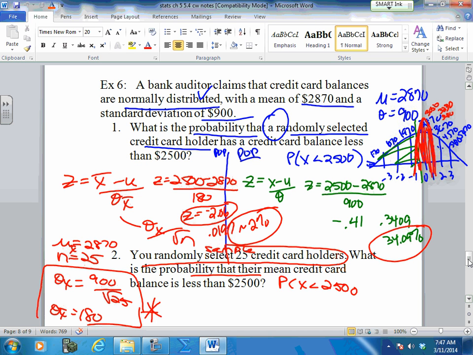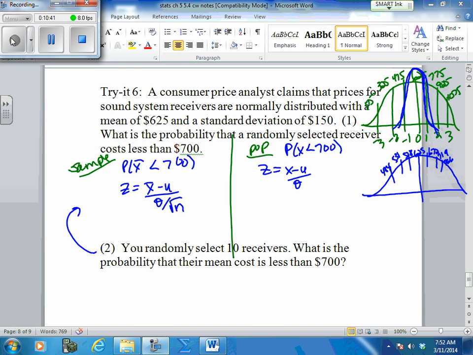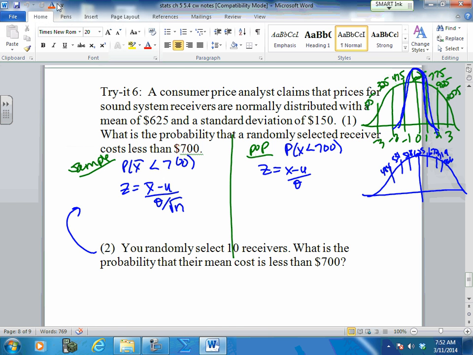So now I want you guys to go to the, so if we take a look at your Z-score formula for your population, that's the normal one. You're pulling one random person out of here, or one random receiver, one sound receiver to test.